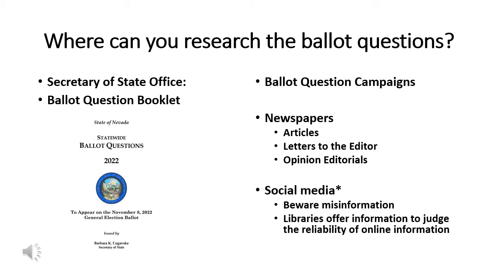And it will say, do you know who the author is? Do they provide evidence and footnotes? Do they provide data? Do they provide links to go to other evidence? So social media is a way for you to find out information, but you just have to be really careful that you are not being misled by misinformation.